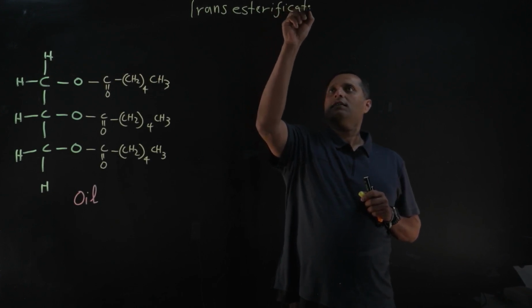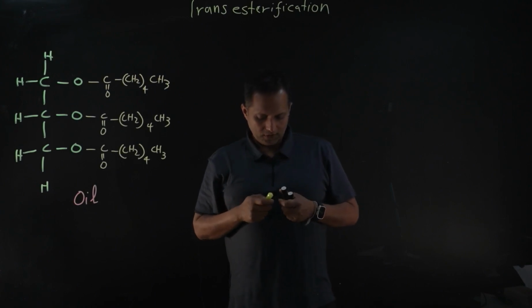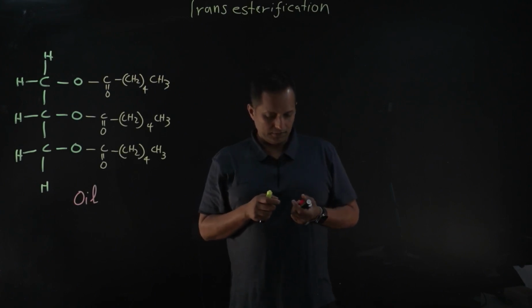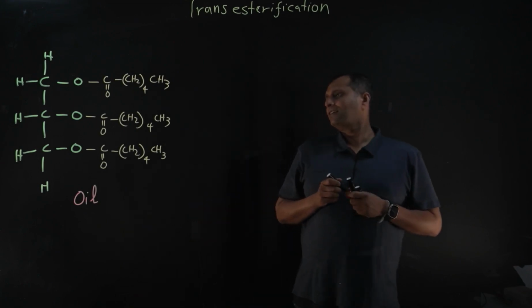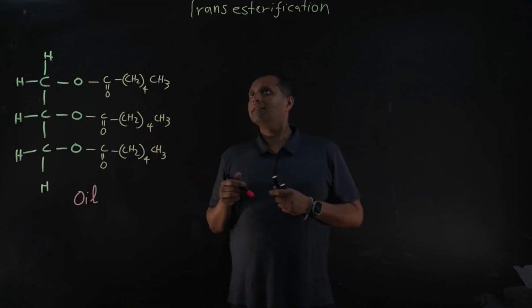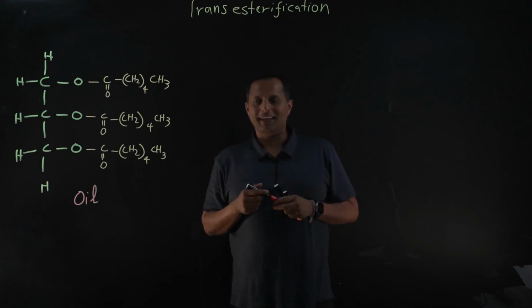Transesterification. Okay? It's one of the important processes that you need to understand for your exam and for your SACs. So we started the transesterification process with the oil. I say the same thing over and over again.